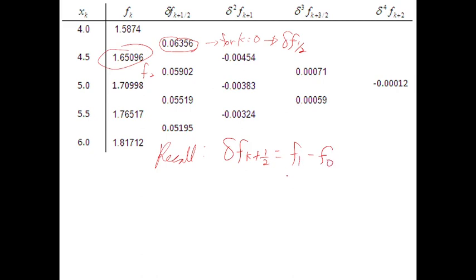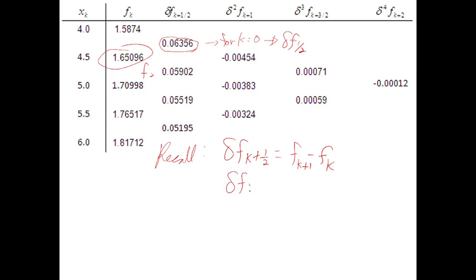For k equals 0, f sub 1 minus f sub 0, because f sub k plus 1 half is f sub k plus 1 minus f sub k. So this is the preceding value subtracted from the successive value of f.